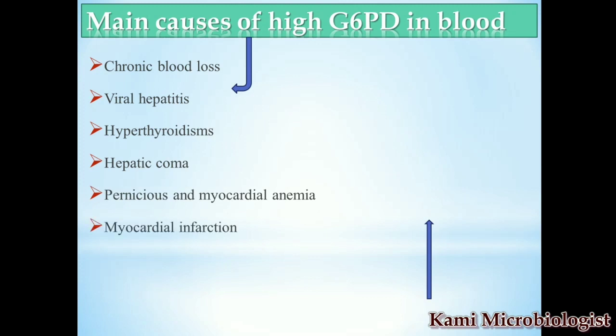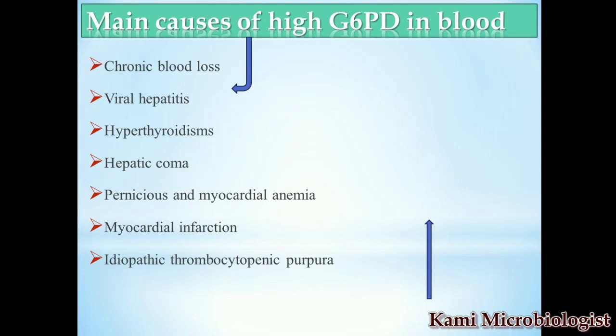Then we have myocardial infarction, which is again a heart attack or heart-problem-related disease. And we have idiopathic thrombocytopenic purpura. It is actually a condition in which there is an abnormal decrease of thrombocytes.